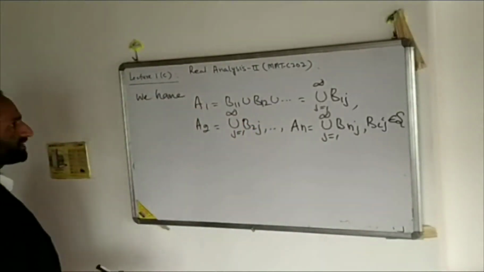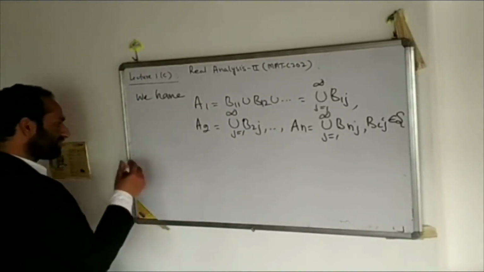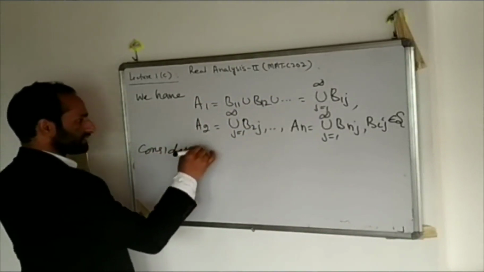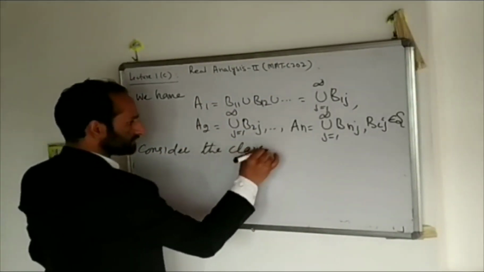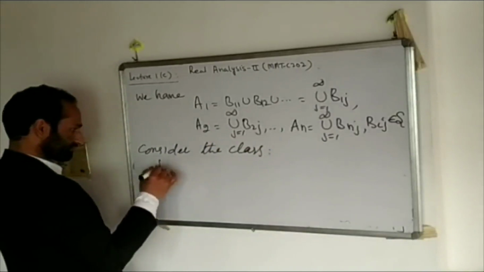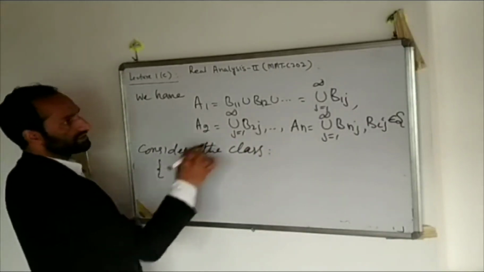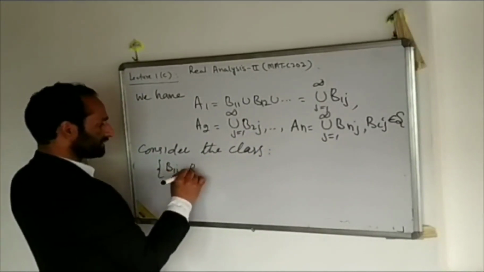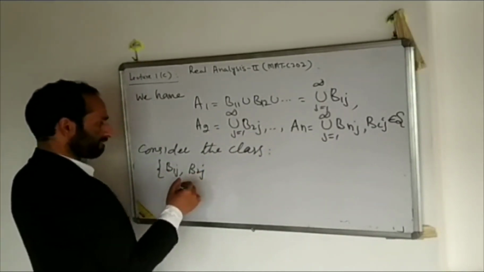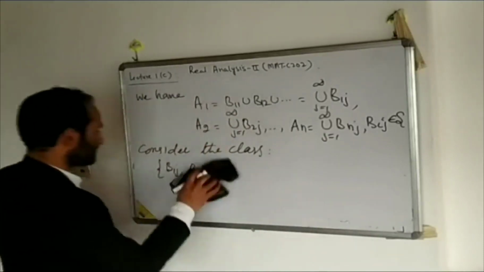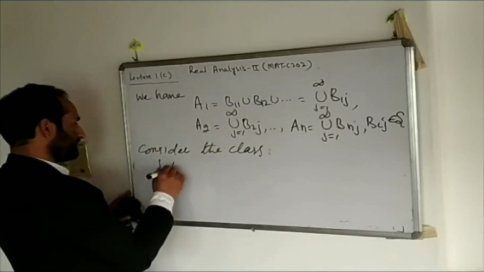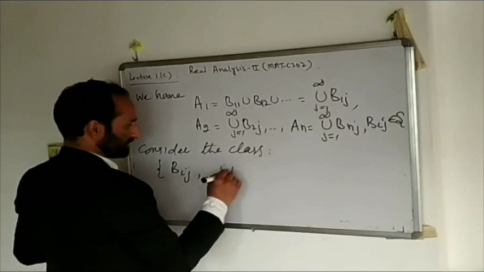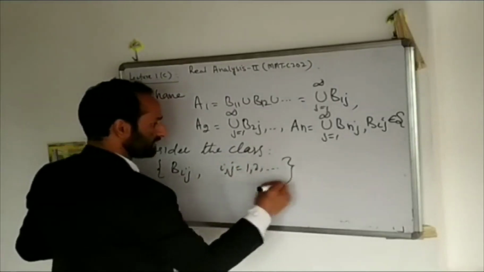So now we have a new class. Consider the class consisting of B1j, B2j, and in general Bij, where i, j run from 1 to infinity.